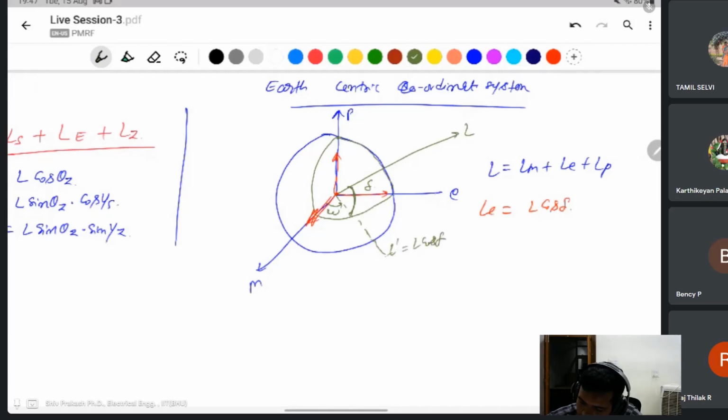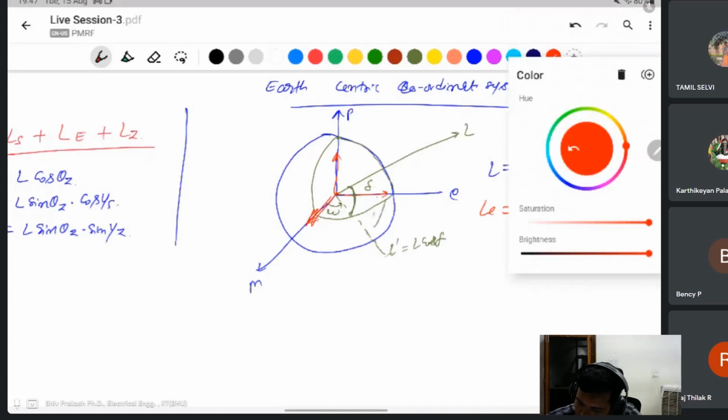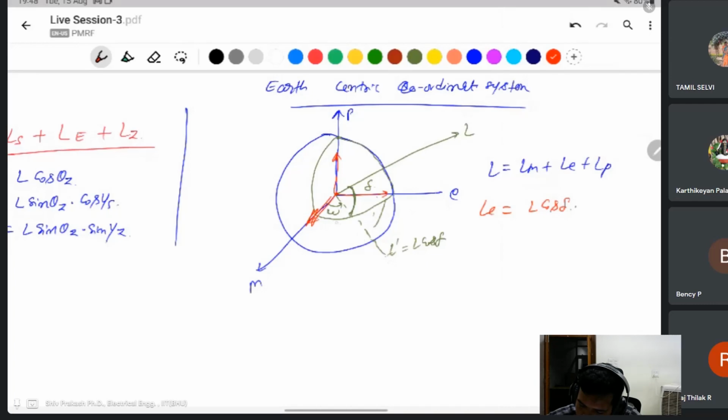After that, this one is replaced by 90 degrees, and this angle is omega. This angle is 90 minus omega. Then L cos delta and sin omega. Same thing, LM is L cos delta into cos omega, because this angle is related to this one.